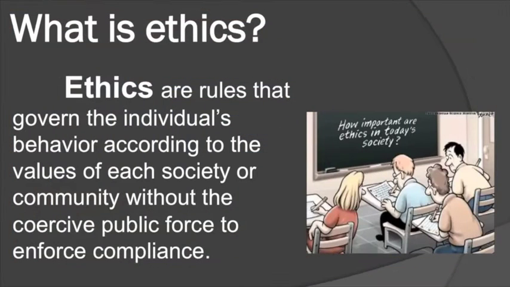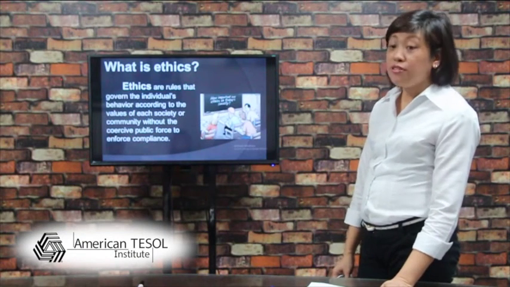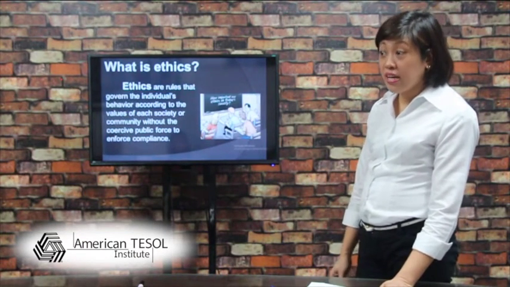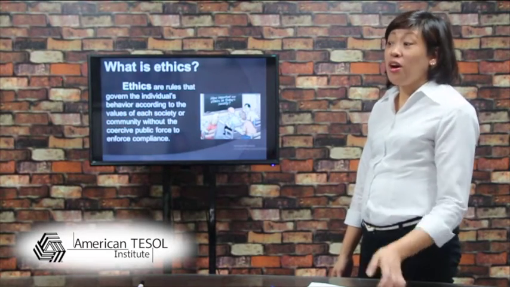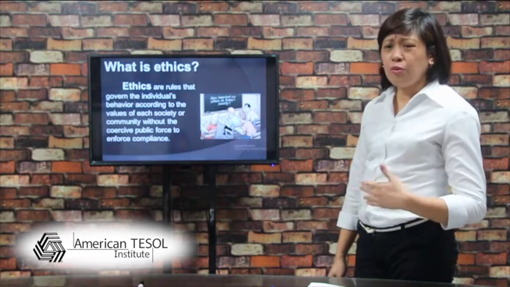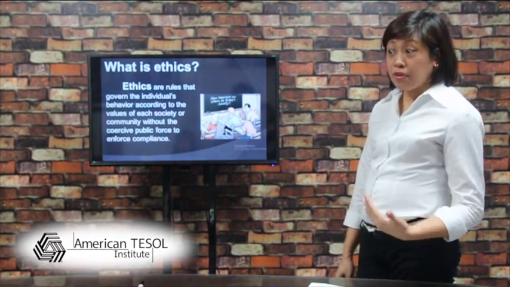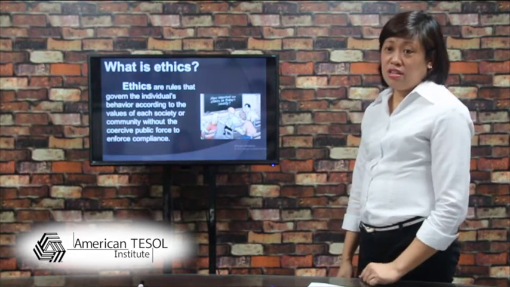Ethics are rules that govern the individual's behavior according to the values of each society or community without the coercive public force to enforce compliance. So here, each society or community has different rules because they have different values. So, Miss Uni is correct, what is acceptable to one country may not be acceptable in another country.